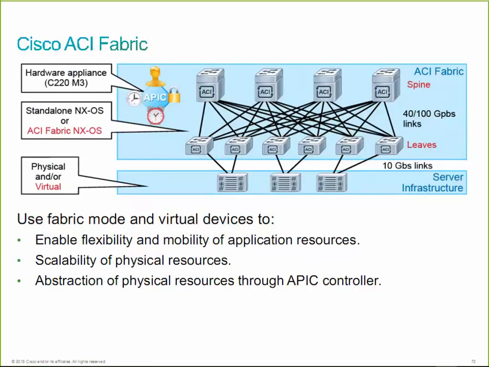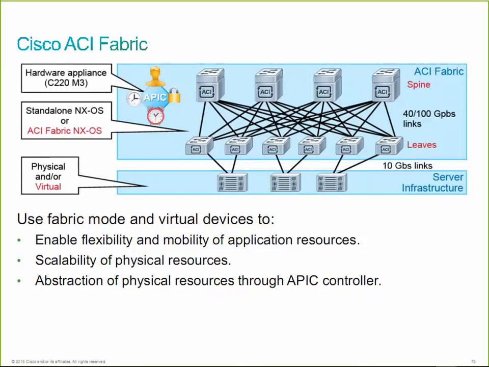They're not part of this ACI Fabric. So you can configure these 9500s or 9300s in NXOS mode, or you can configure them in ACI Fabric mode. If I decide to use NXOS mode, though, they're not part of the ACI Fabric in any way. They're individual devices. All right?